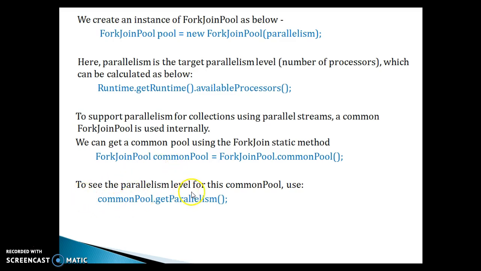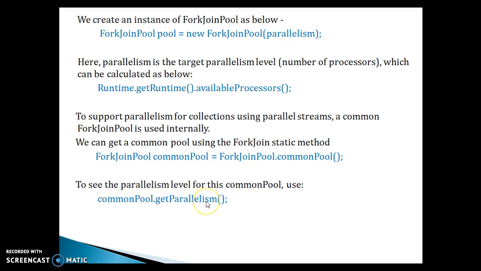To see the parallelism for this common pool: here you got the common pool, which is an instance of fork join pool. If you want to check the parallelism, you can call commonPool().getParallelism(). This will give you the parallelism level.